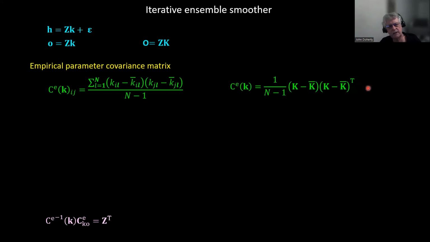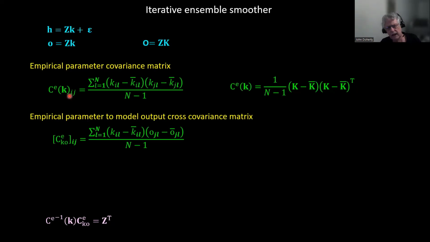Using this equation, I can calculate an empirical covariance matrix of K just from my realizations. I can calculate an empirical cross covariance between K and O just from the realizations using very simple mathematics expressed in a very simple matrix equation.